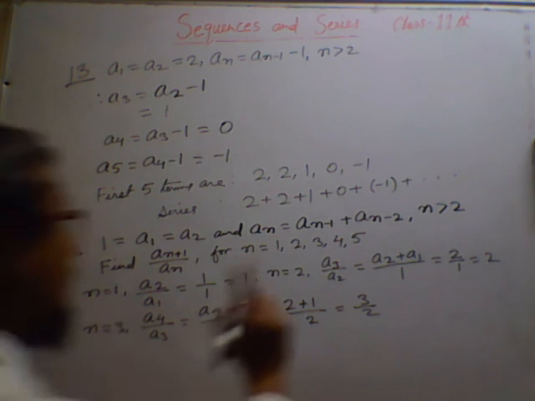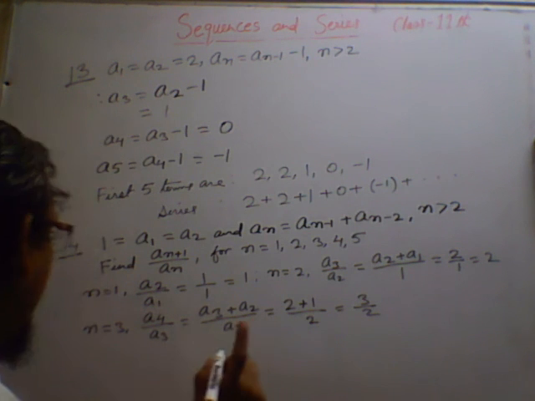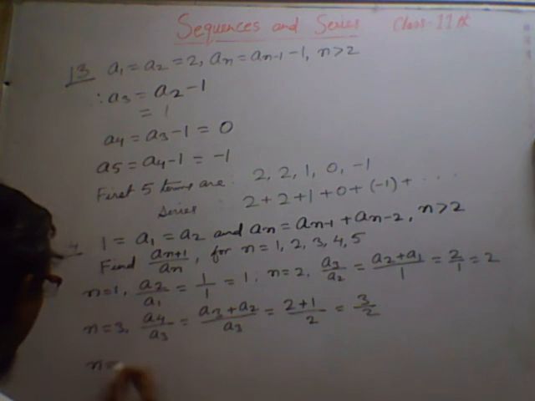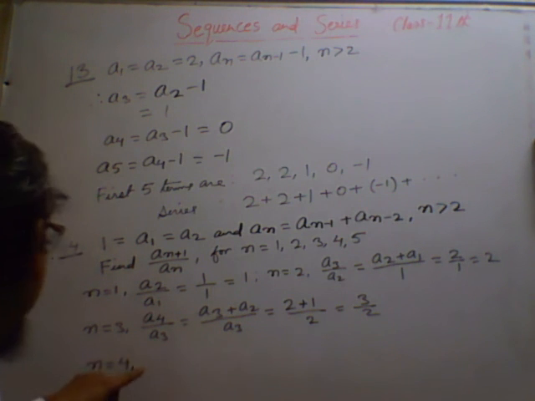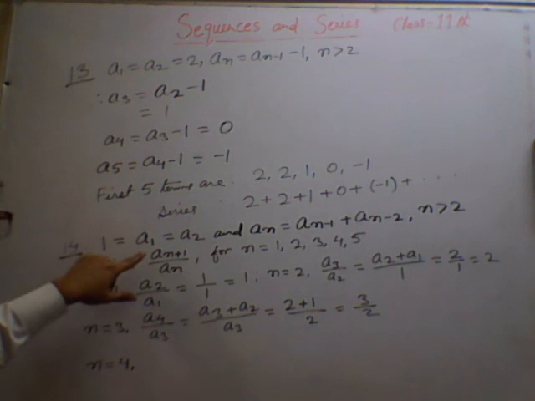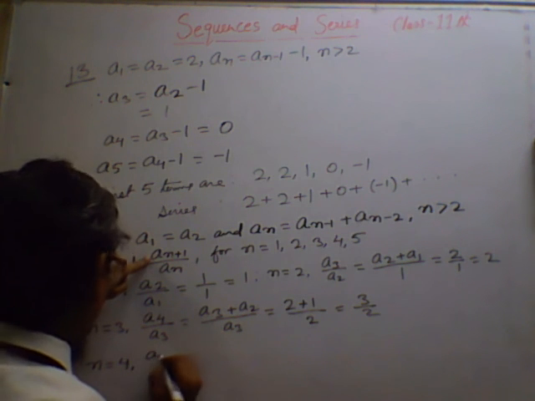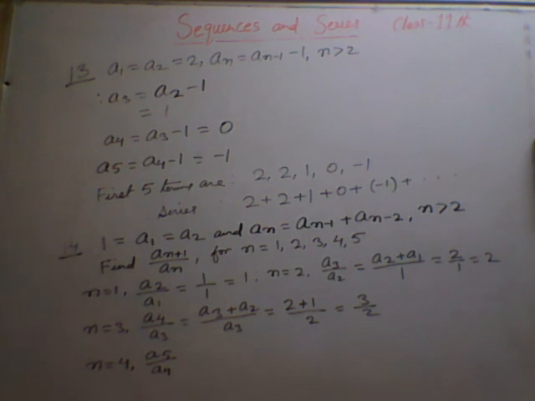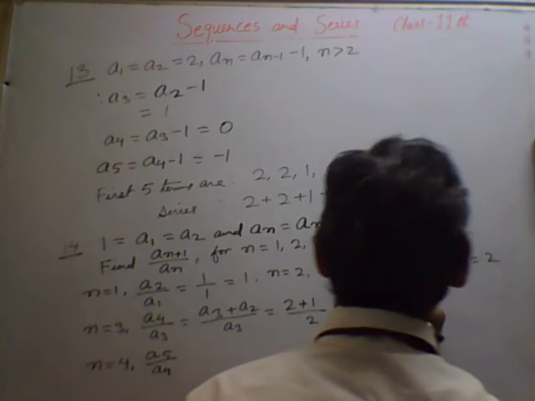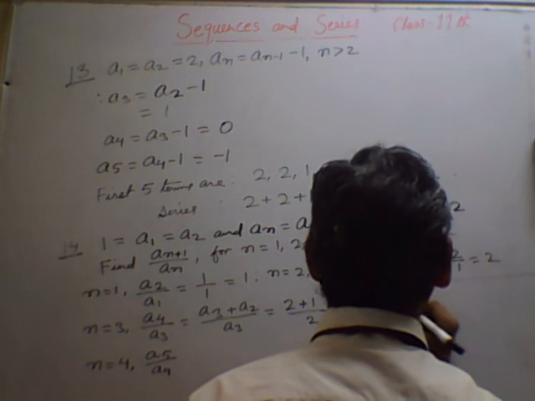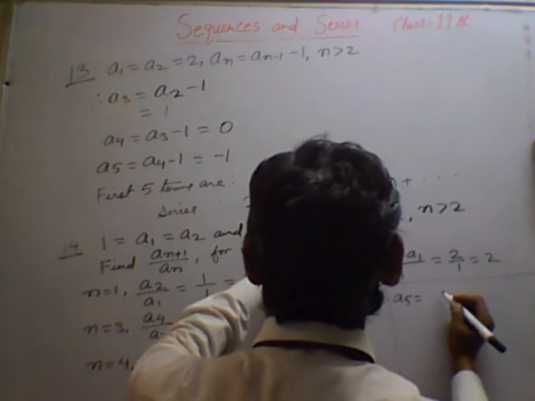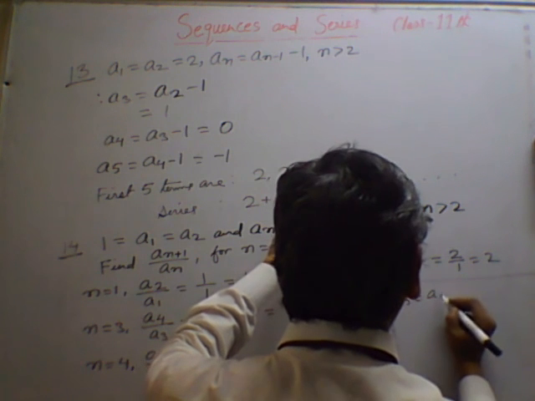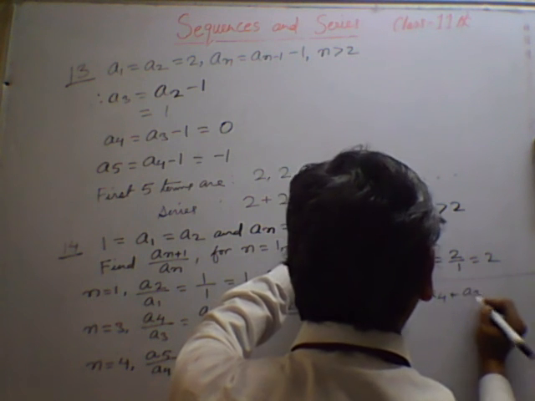Let's first of all find out A4. Now if n is equal to 4, then A4 plus 1 means A5 by A4. Now we have to find out A5. A5 is equal to, like it has been given, An minus 1 plus An minus 2, A4 plus A3.